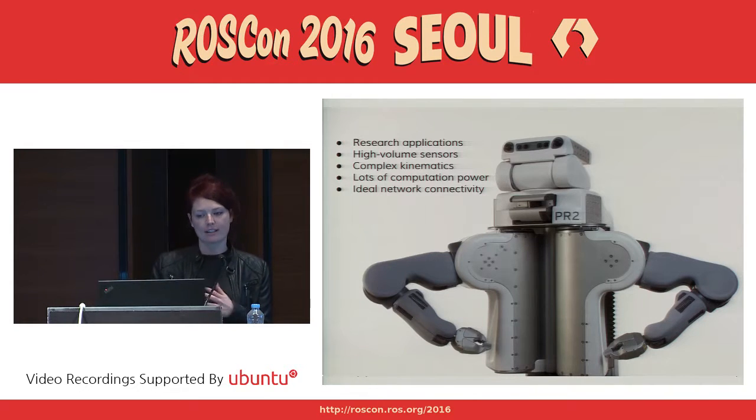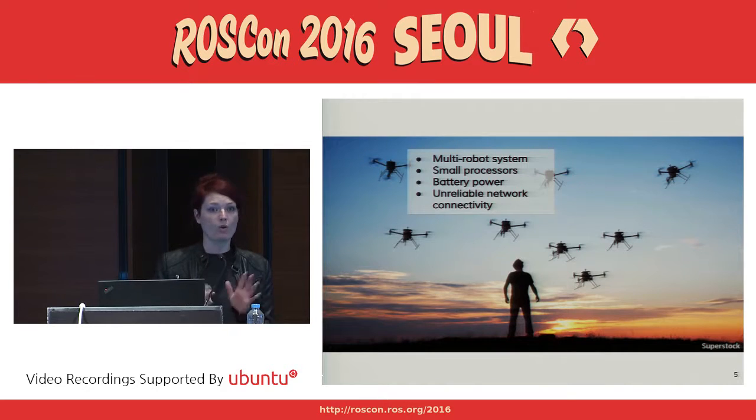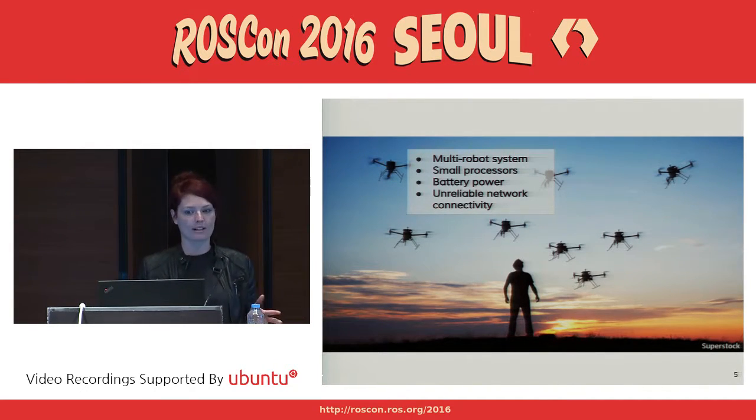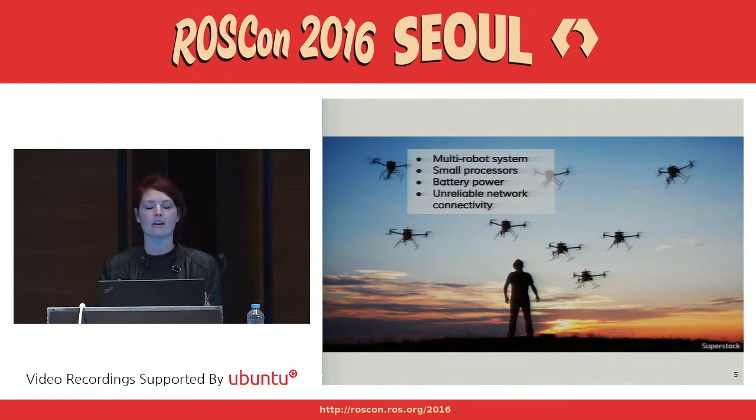But of course, over time, in the last near decade, there have been a lot of new use cases that have come up. For example, a drone delivery startup is going to have a lot of different characteristics for the robotic system. You're going to be more concerned with power consumption as you move towards production. You've got smaller processors on board, drones coming in and out of contact with each other.